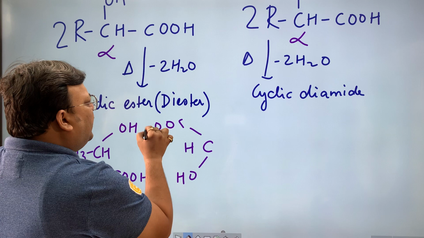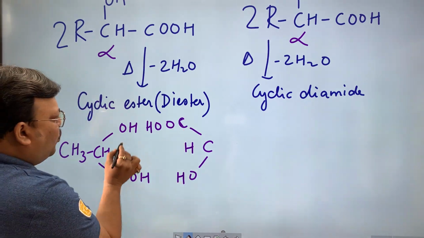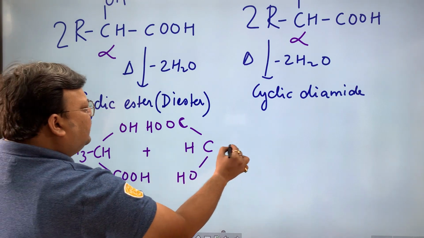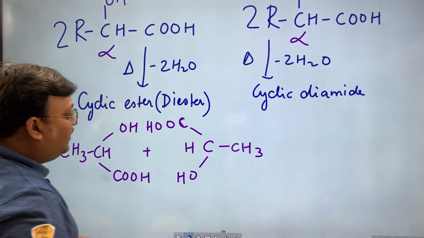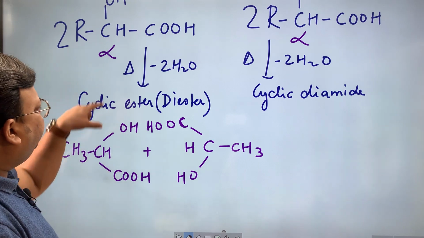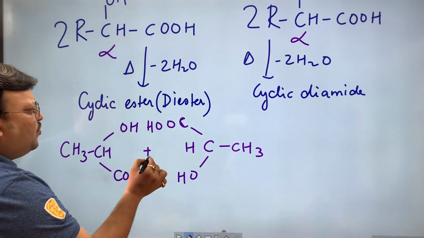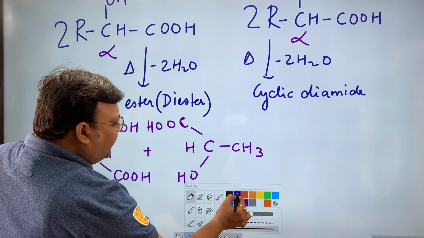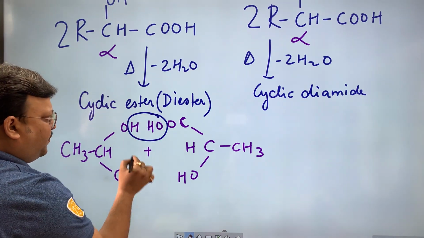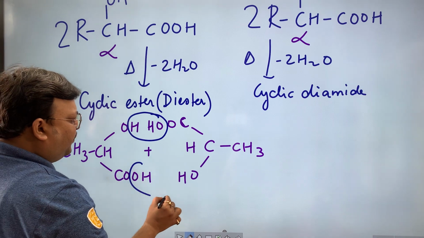It will help you in recalling the product. So here OH on top, COOH below, and the reverse for this one. Now naturally this is the very popular lactic acid. I have taken 2 moles. Now remove water in this way, from this point and again from this point.